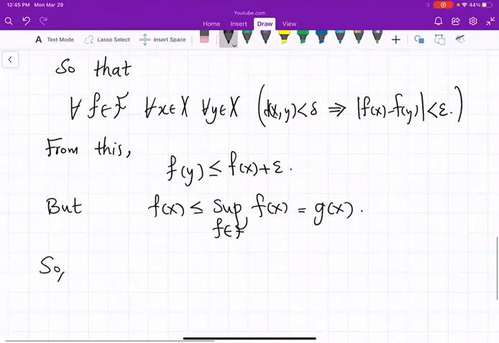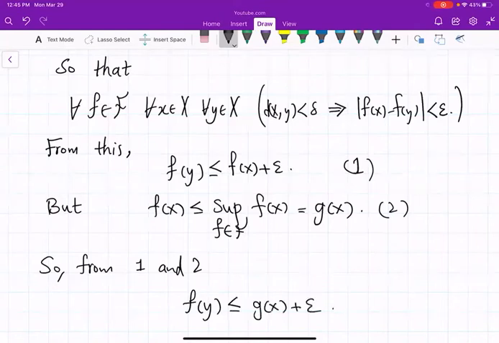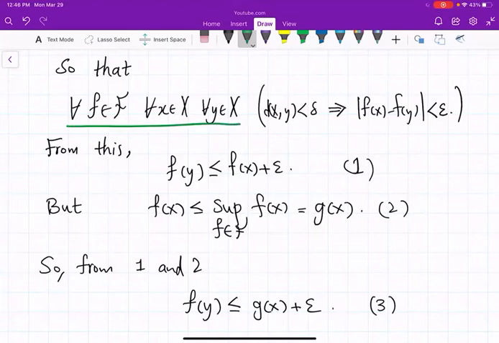So if this is 1 and 2, from 1 and 2, I get the following: f of y is less than or equal to g of x plus epsilon. So 1, 2, and 3 are all true under this choice, for all f, of course, and the distance of x and y being less than delta.